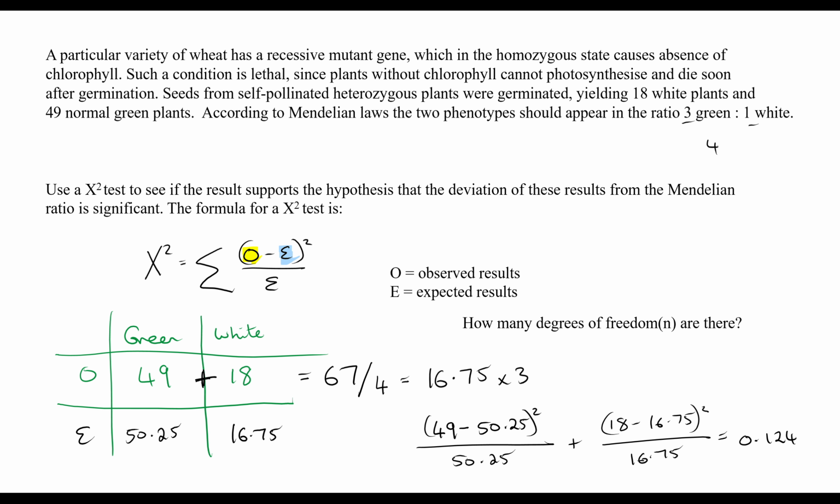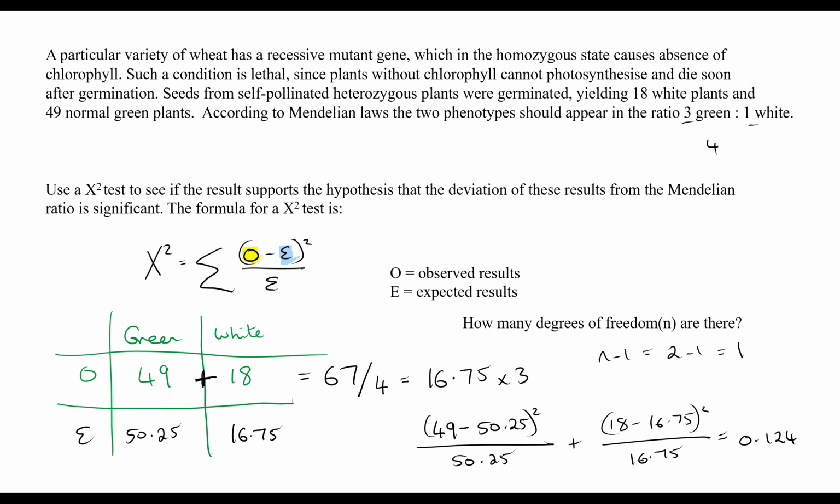So I now have my chi-squared value, which is calculated at 0.124. And all I've done is substitute the numbers into the equation. Now it's asking me how many degrees of freedom there are? Well, whenever you're looking at this, it's always n minus 1. So in this case, we had 2, green and white, minus 1. So my degrees of freedom is 1.